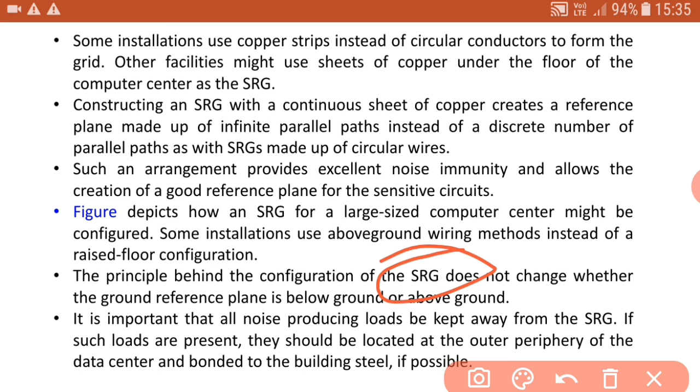It is important that all noise producing loads be kept away from the signal reference ground. If such loads are present, they should be located at the outer periphery of the data center and bonded to the building steel if possible.